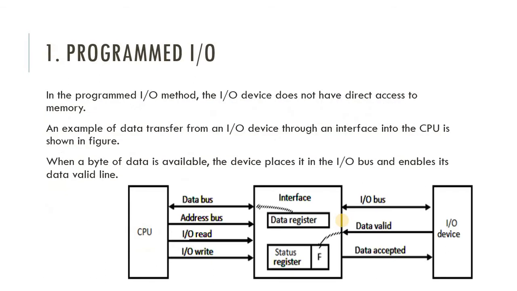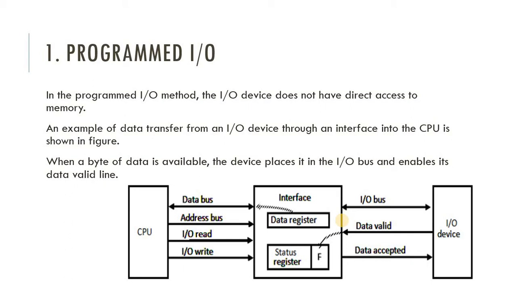So let's start. In the programmed IO method, the IO device does not have direct access to memory. An example of data transfer from an IO device through an interface into the CPU is shown in this figure. We all know that IO devices are the keyboard, printer, monitor, mouse, etc. Let's assume the keyboard and the data transfer from keyboard to memory.